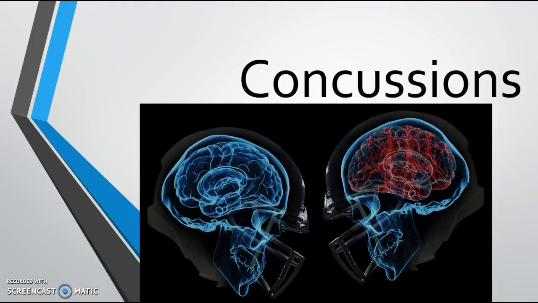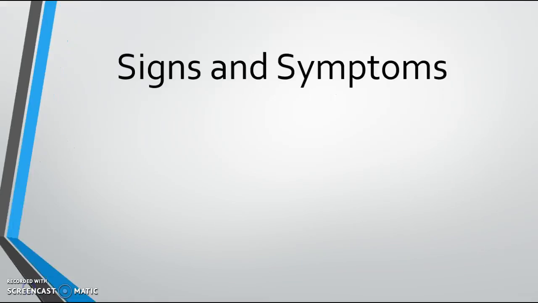Now, a solid definition of a concussion would be a direct or indirect blow to the brain, causing it to shake inside the skull, thus causing it to have altered function. When this happens, there are many signs and symptoms.